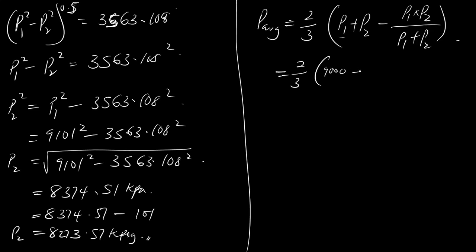So now we have 9,000 plus 8273.57 minus, this will now be 8273.57 times 9,000 divided by 9,000 plus 8273.57.